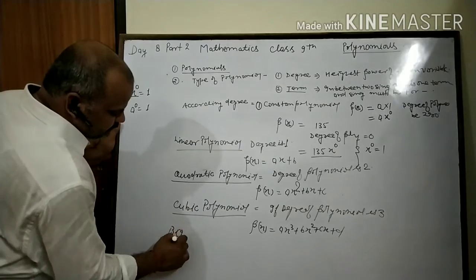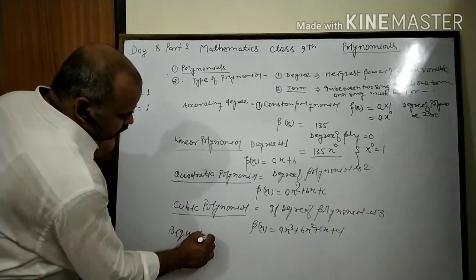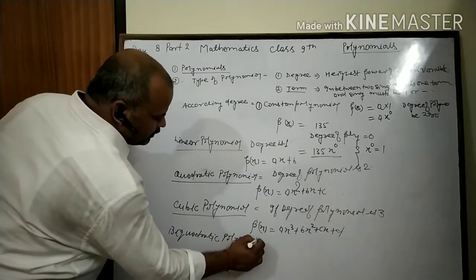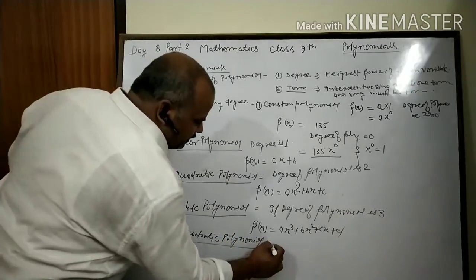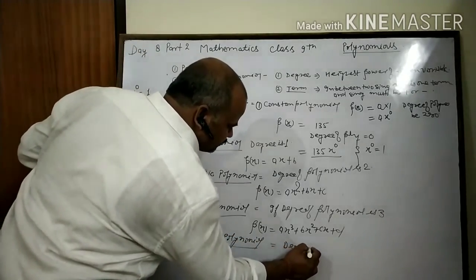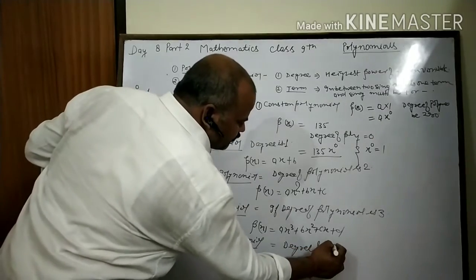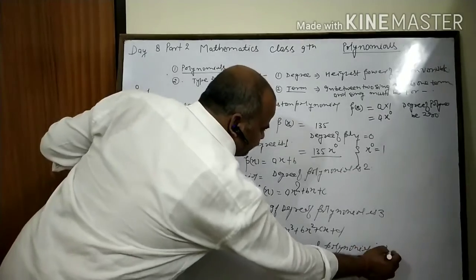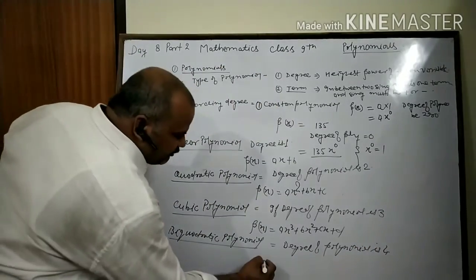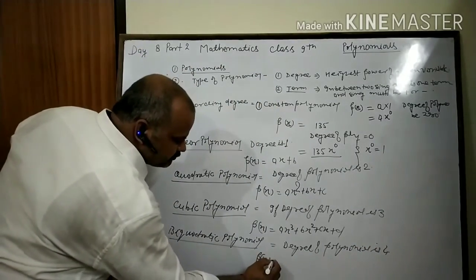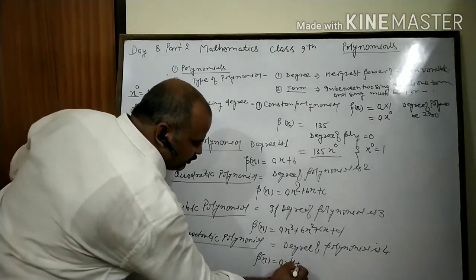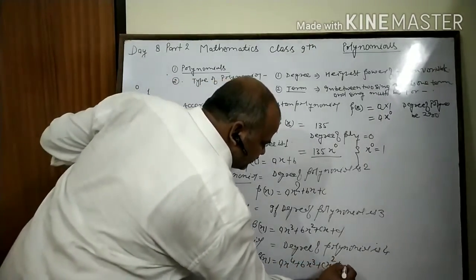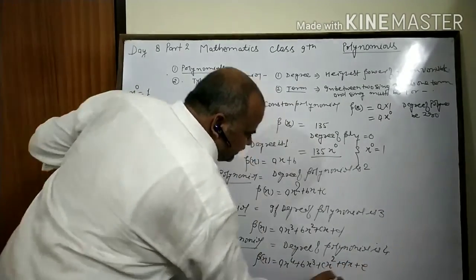In the same way, biquadratic polynomial, here the degree of the polynomial is 4. The standard form of the biquadratic polynomial is ax to the power 4 plus bx cube plus cx square plus dx plus e.